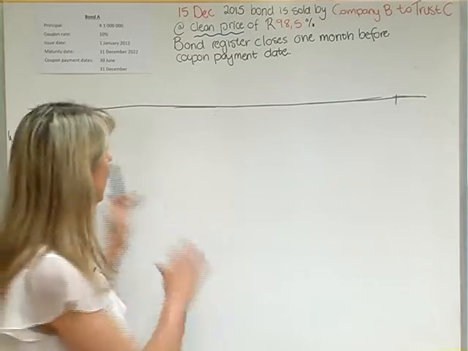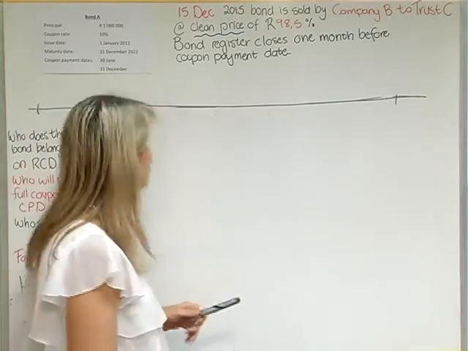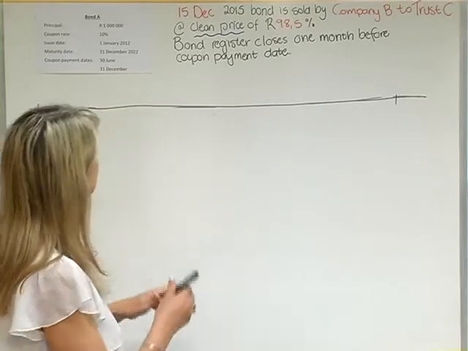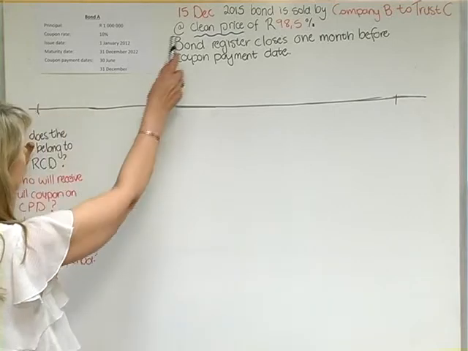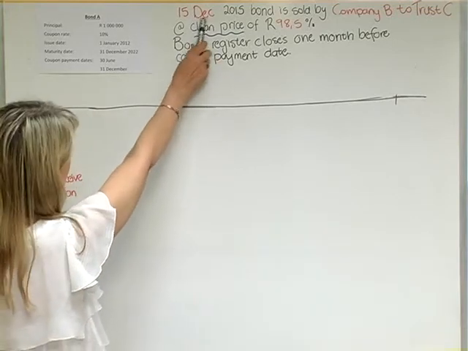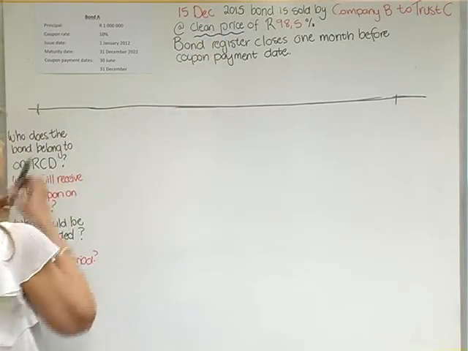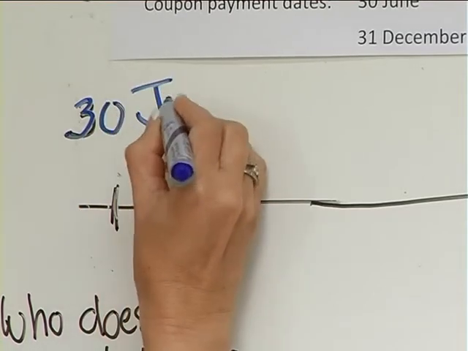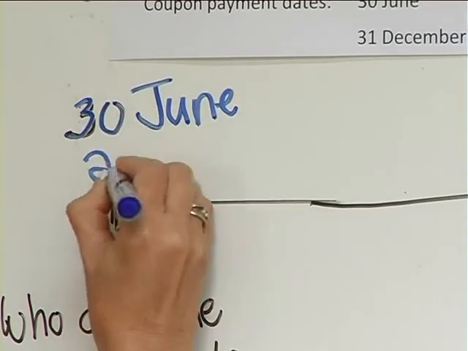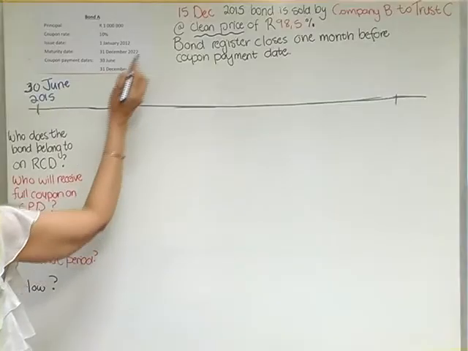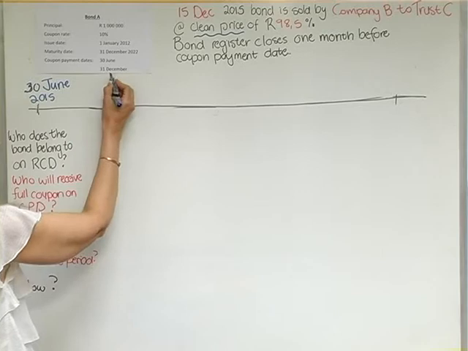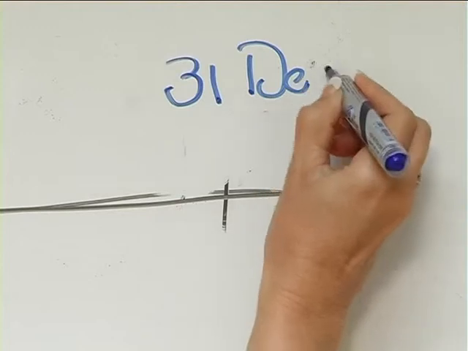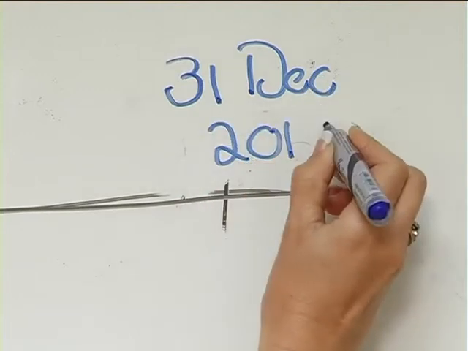So the first thing we have to do is to show the dates at which the coupons will be paid. The previous coupon payment date, if we're looking at 15 December 2015, will be 30 June 2015, and the next coupon payment date will be 31 December 2015.